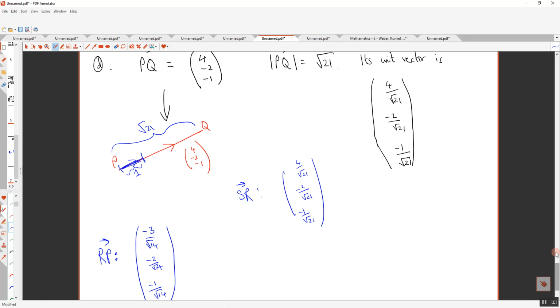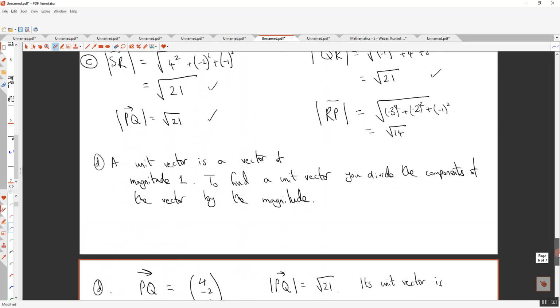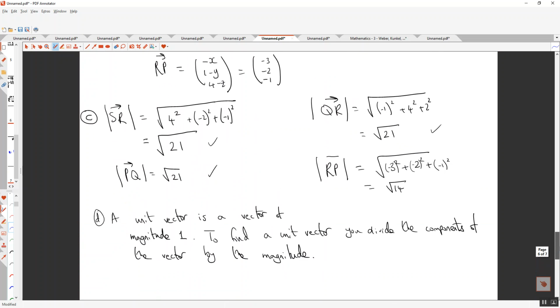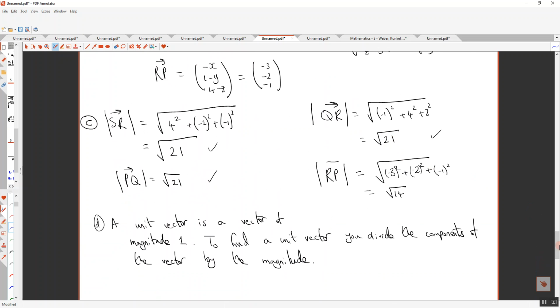P to Q, S to R, R to P, and the last one, Q to R. Our vector was negative 1, 4, 2. But we divide by the magnitude, and the magnitude of Q to R is the square root of 21.